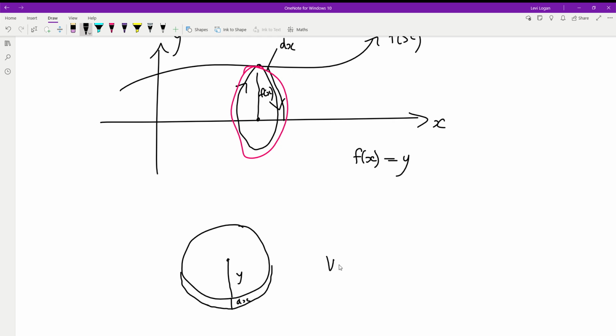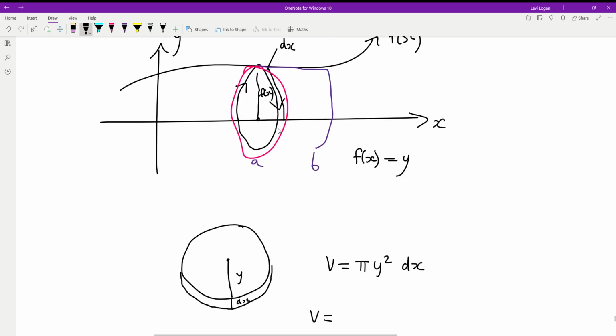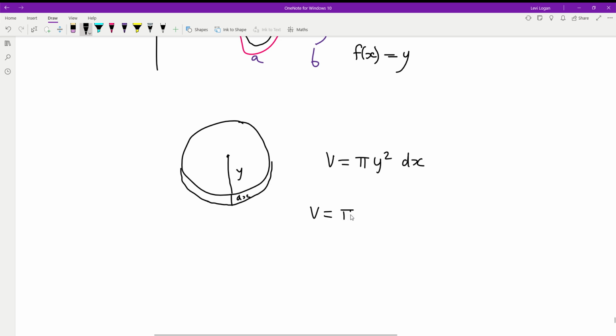Now the volume of this would be pi times the radius squared, so y squared, times the height, which is dx. So if I want not just one little disc, but a specific volume, between two bounds, a and b, I just have to integrate between them. So for example, the volume over a specific distance, when I rotate it, will be pi times the integral from a to b of y squared dx.